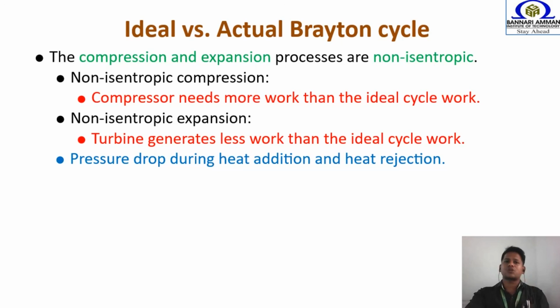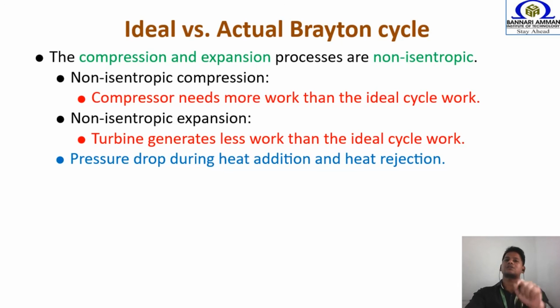If it is an isentropic process, let it be 5 kW required for the compression. But in the actual Brayton cycle, with polytropic compression, maybe 6.5 or 7 kilowatt is required. So this is the first technical thing to be noted.